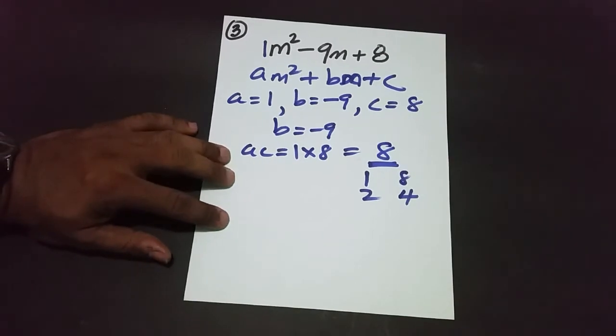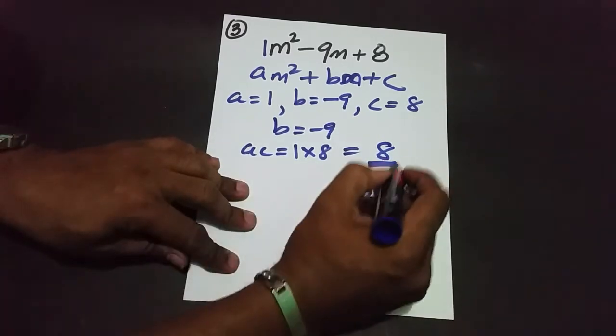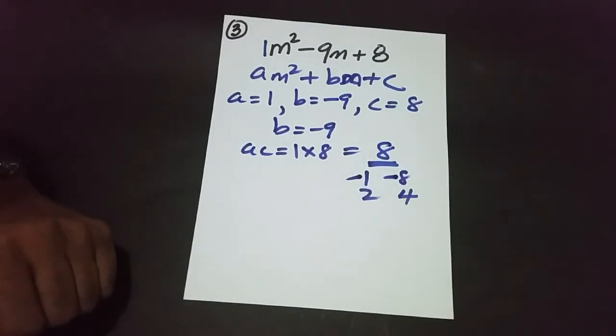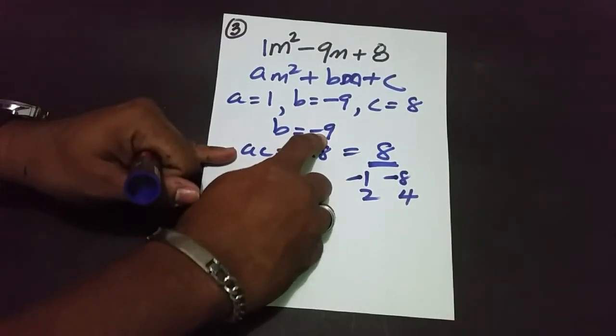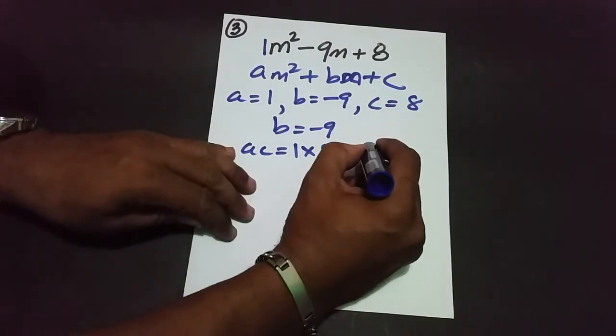Which two numbers, when you add them together, you get negative 9, and when you multiply them together, you get positive 8? That simply would be negative 1 and negative 8, because when you add negative 1 and negative 8, you get negative 9, and when you multiply negative 1 and negative 8, you get positive 8, which is what this is.